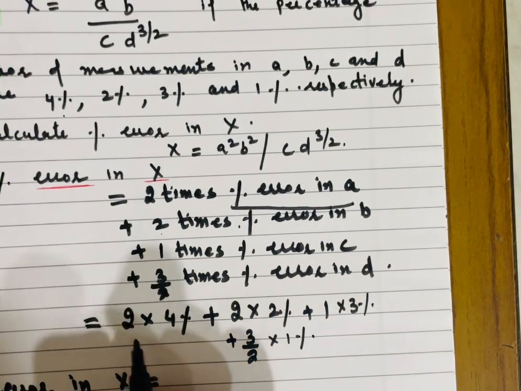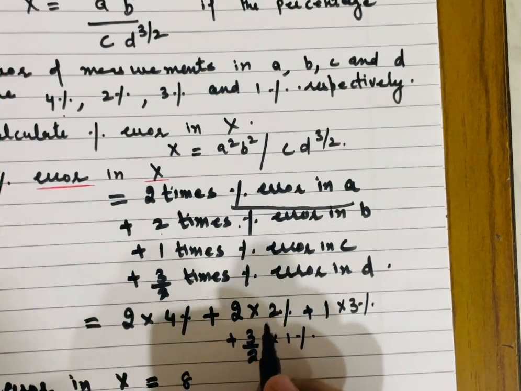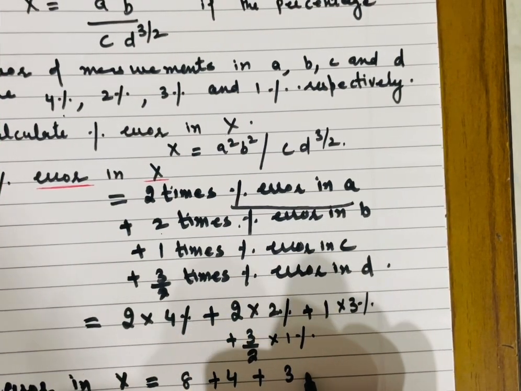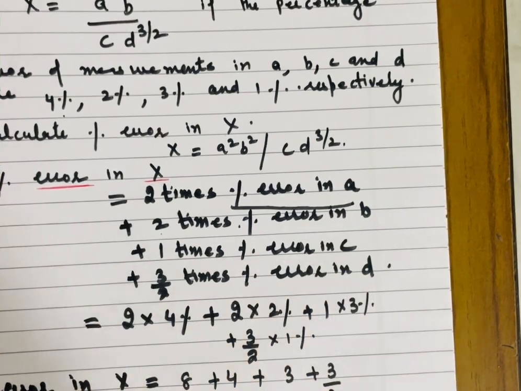So 4 into 2 is 8, plus 2 into 2 is 4, plus 1 into 3 is 3, plus 3 by 2 into 1.